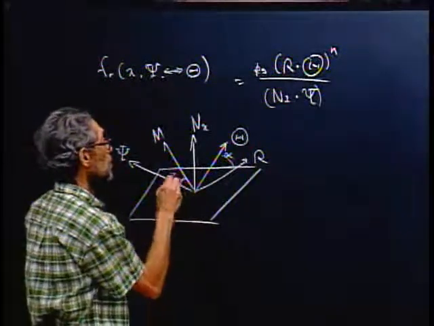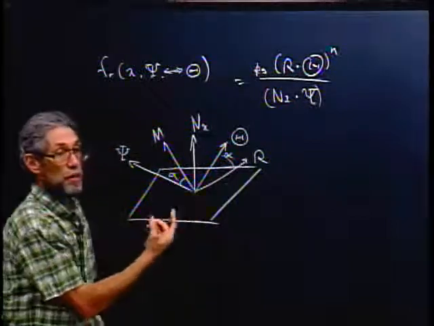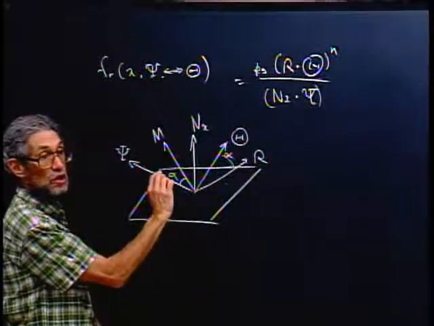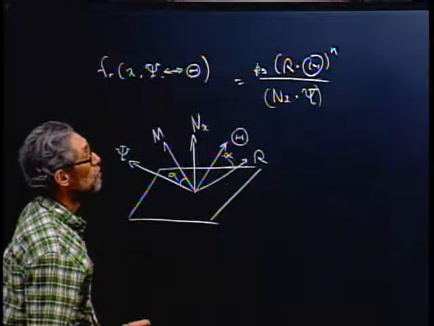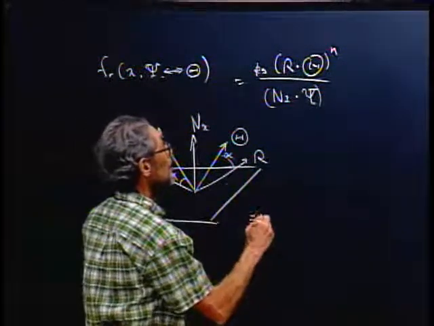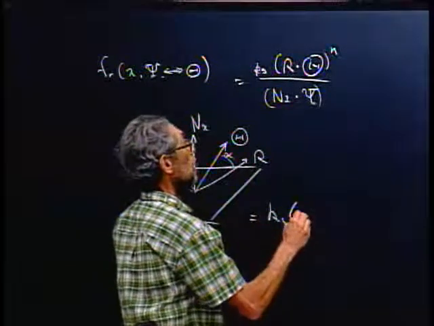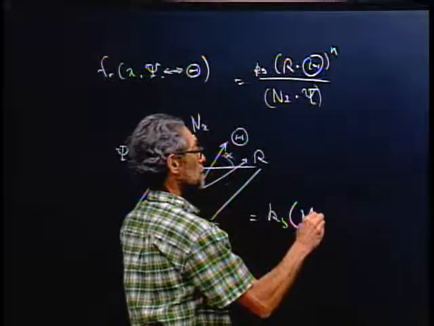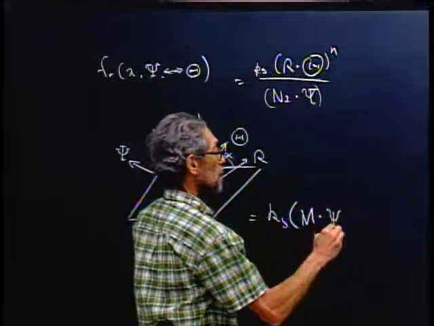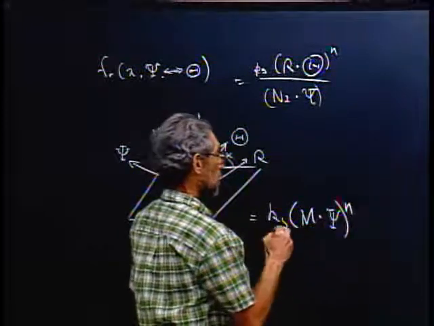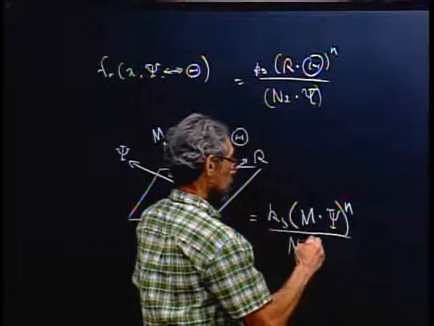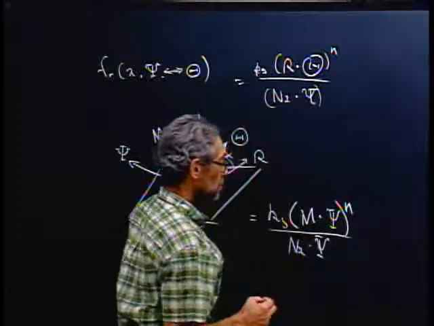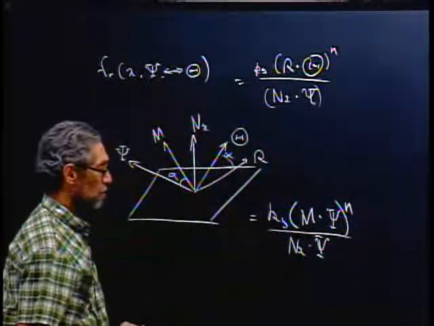And this angle here will be the same as that angle there because it's just a rigid rotation of both of those vectors. And so if you write this instead as Ks of m dot incoming direction to the nth power and nx, this is easier to handle.